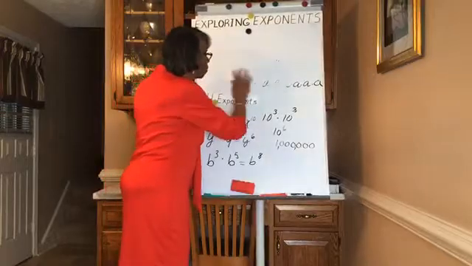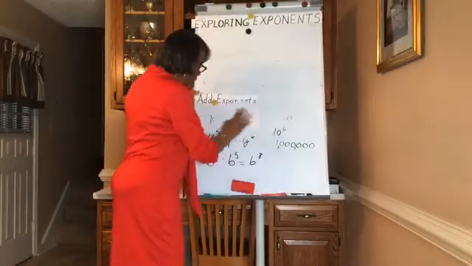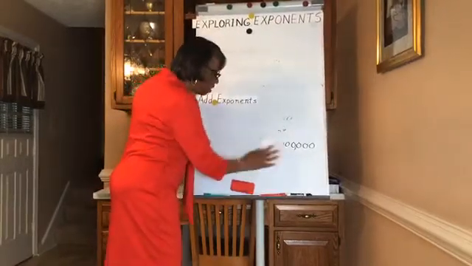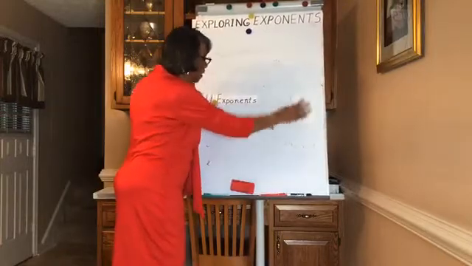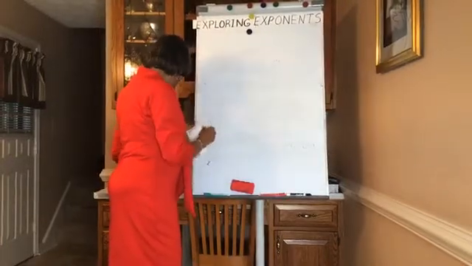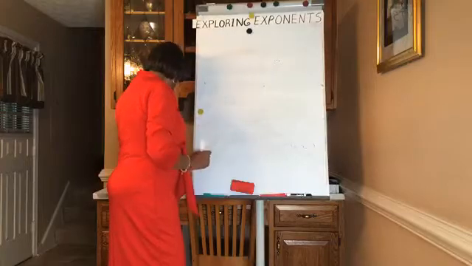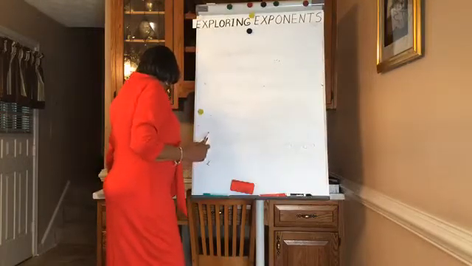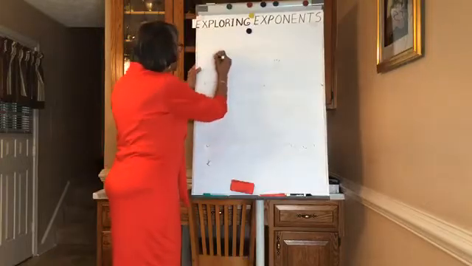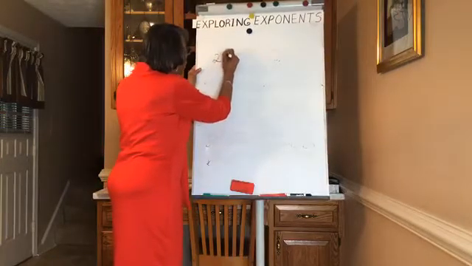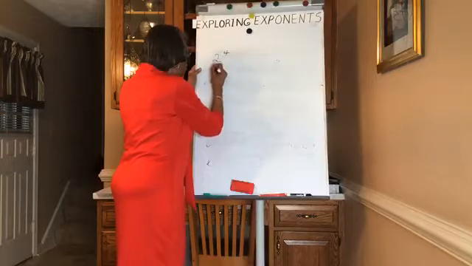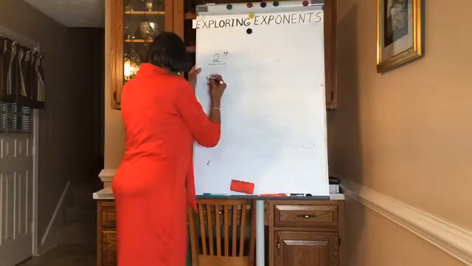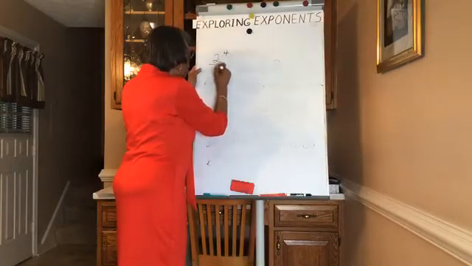All right, so let's see what else we can do with these exponents. So we learned how to multiply. So let's see what happens when we divide. Let's do 2 to the 4th power divided by 2 to the 2nd power.